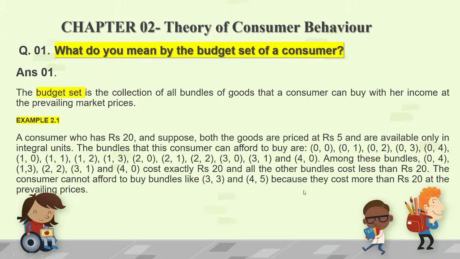So it is unaffordable for the consumer, because we have already assumed that the income is given and limited to rupees 20. So at the prevailing prices, the consumer cannot buy these combinations, as they cost more than what he or she is carrying for the purchase.